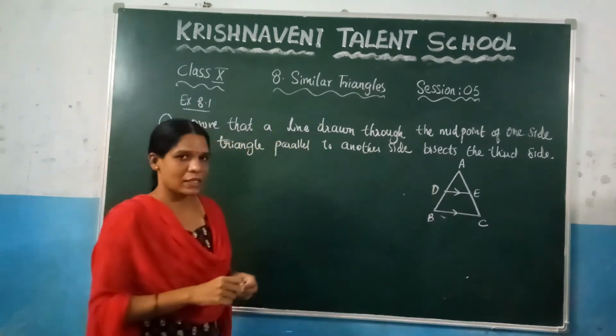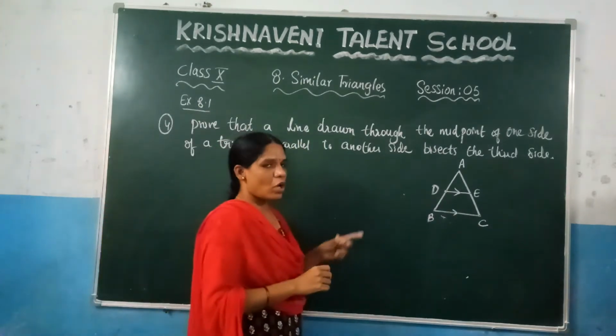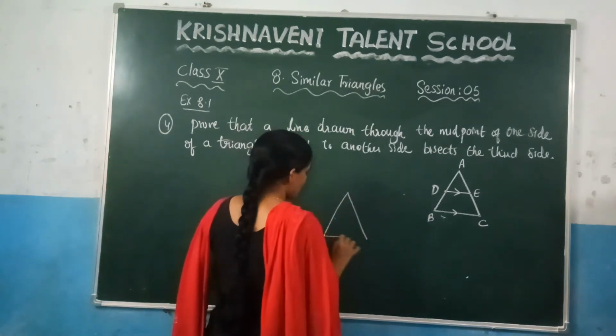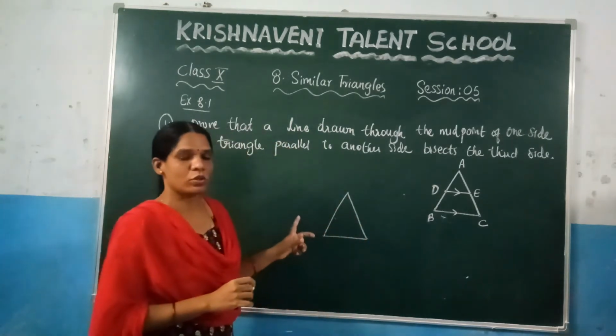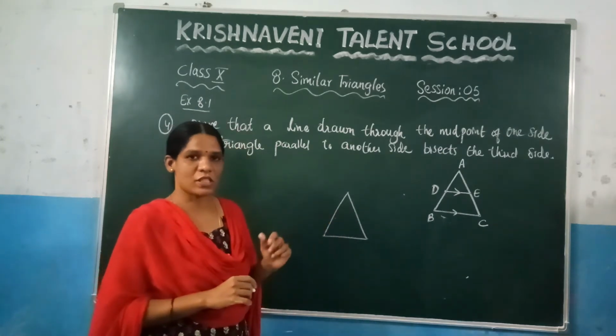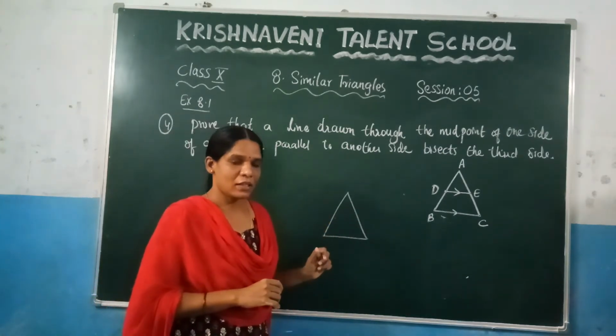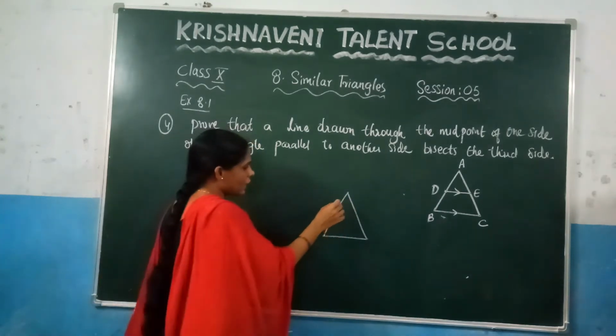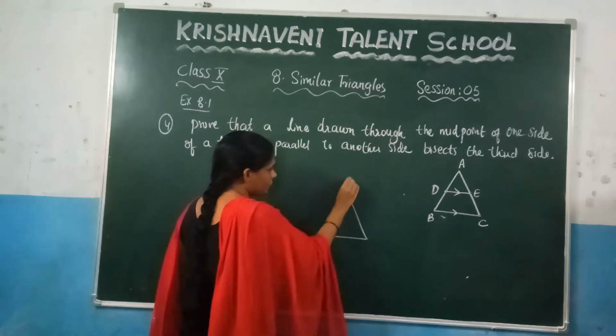So what they are saying here in the question, if you draw a triangle, again I am explaining here. Prove that a line drawn to the midpoint of one side of a triangle. First you need to draw one line in the triangle such that that should be the midpoint. I am taking that side as AB.